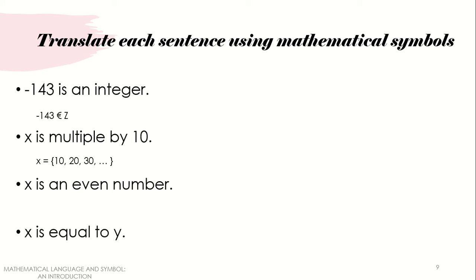X is equals to... kabilang dyan sa x na yan ay ang 10, 20, 30, and so on and so forth. Pangatlo, x is an even number. Gaya ng pagkakasulat sa pangalawa, mag-iisip ka lang ng mga even numbers. Ayan, ganyan siya. 2, 4, 6, and so on and so forth.